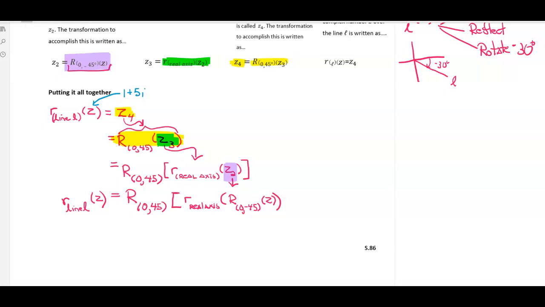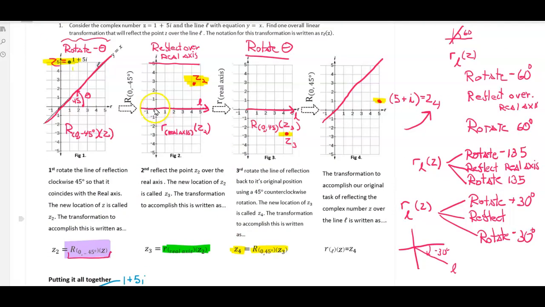Now it looks kind of crazy. Okay, but to understand what you're looking at, and then we'll call it a day. Look, guys, remember when I told you, what do you do first? Rotate. Look, see how that says first?